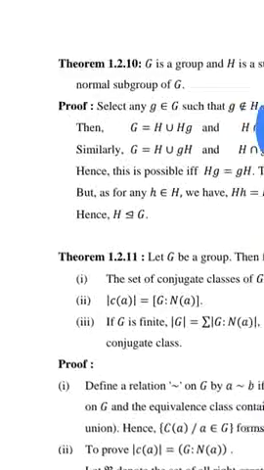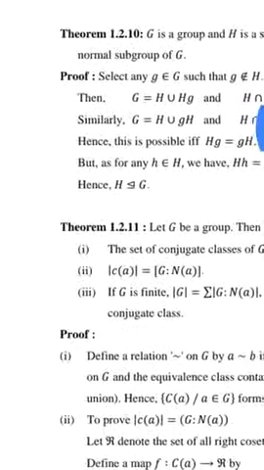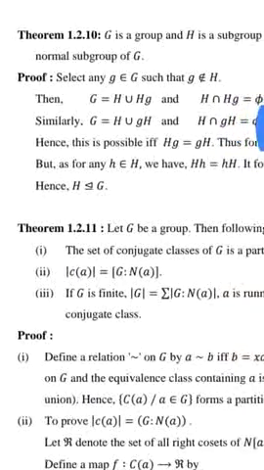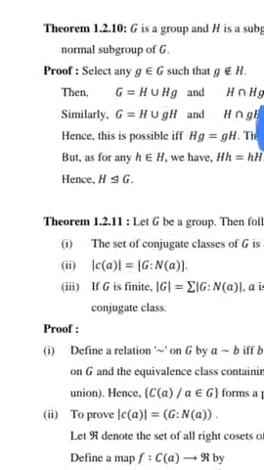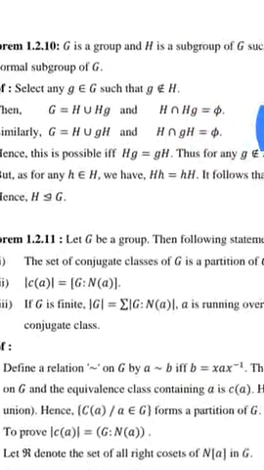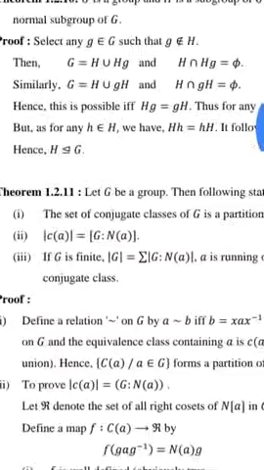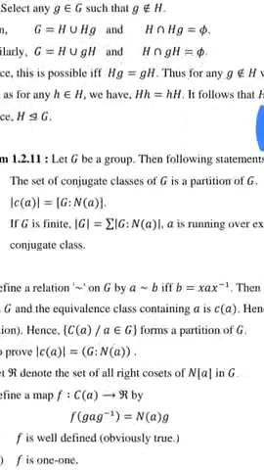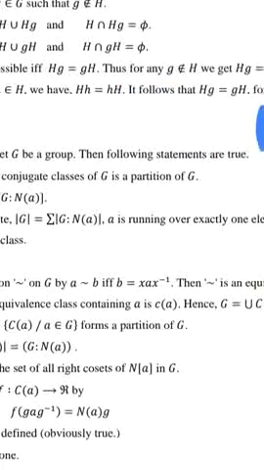Select any g belongs to G such that g does not belong to H. Therefore, G is equal to H union Hg, and H intersection Hg is equal to phi. Therefore, G is equal to H union gH, and H intersection gH is equal to phi. Hence, this is possible if and only if gH is equal to Hg.